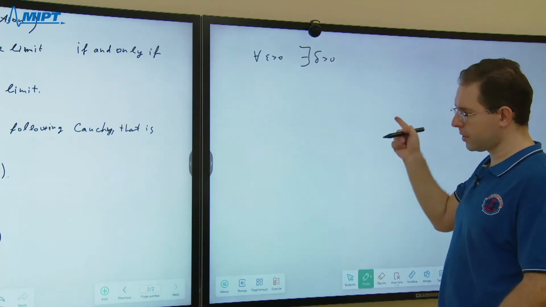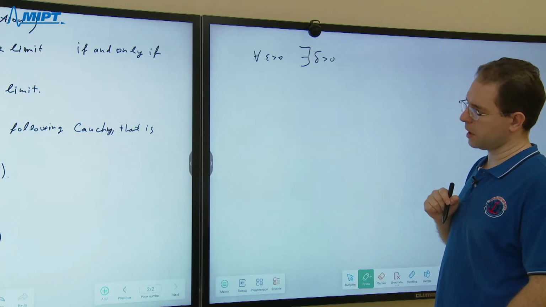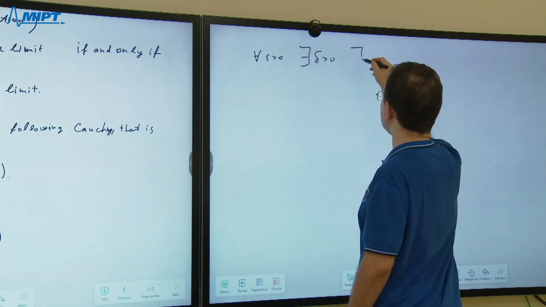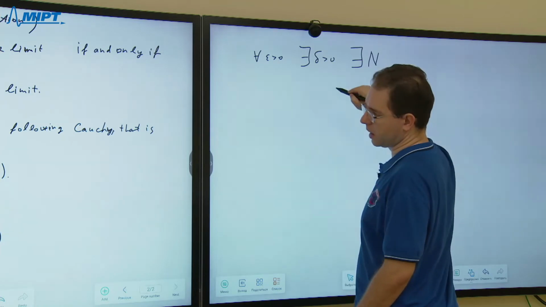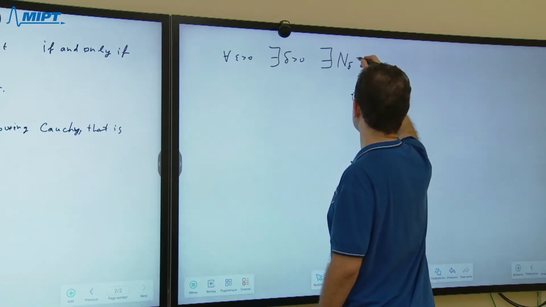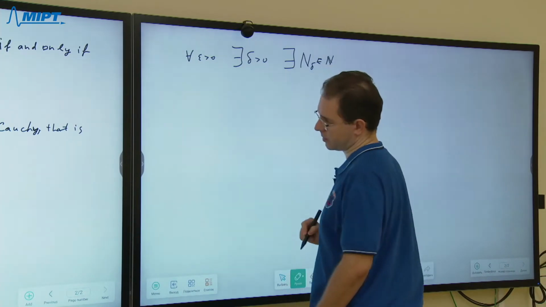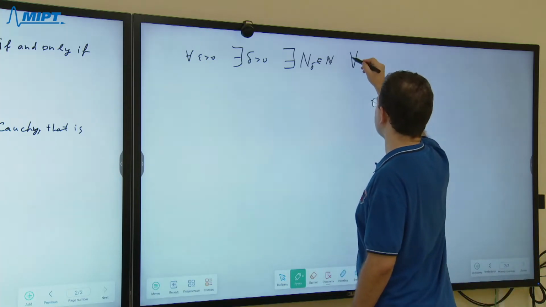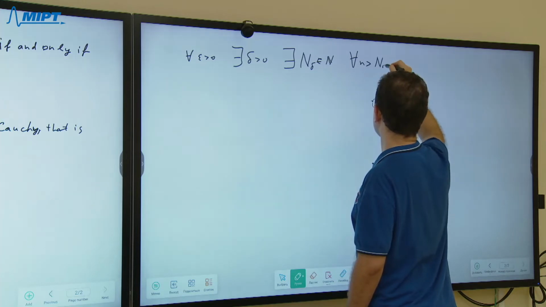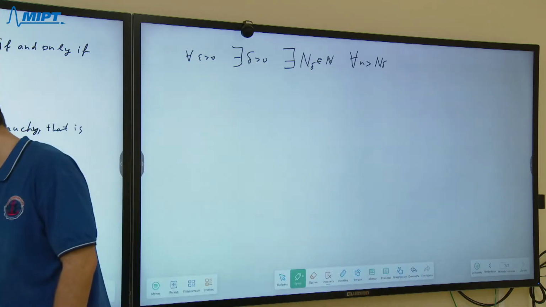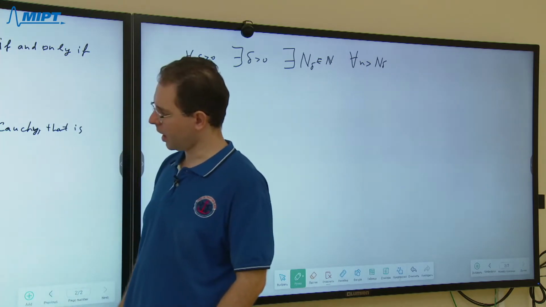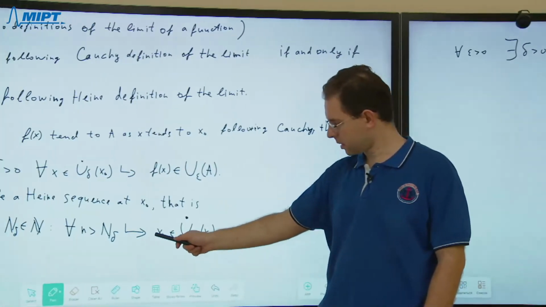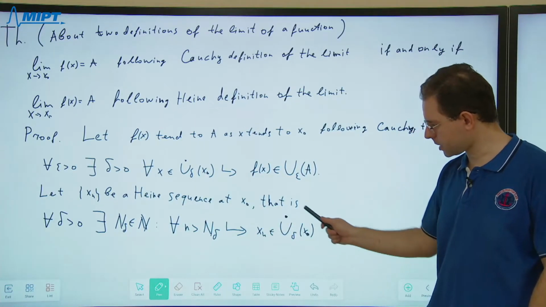And for this delta, I will take that number capital N delta from the Heine sequence, such that for any n greater than N delta, we have xn from this deleted neighborhood.